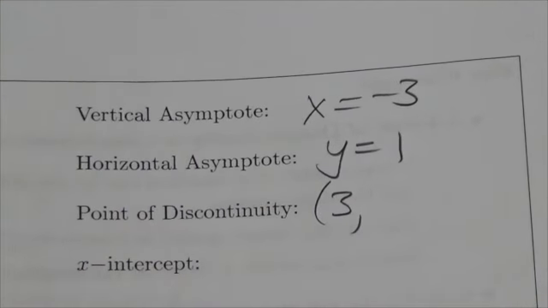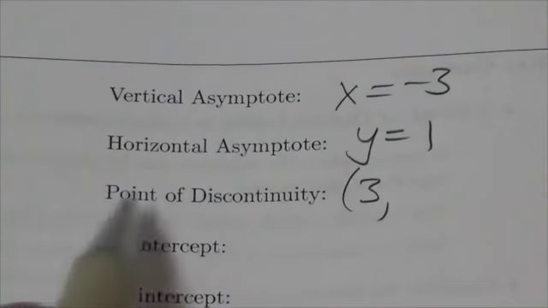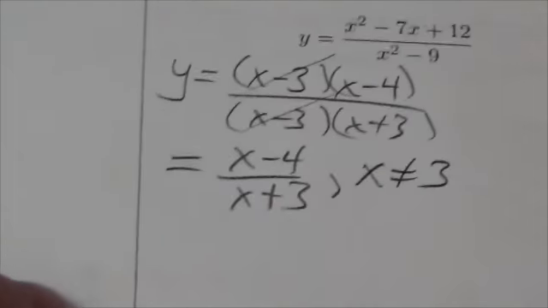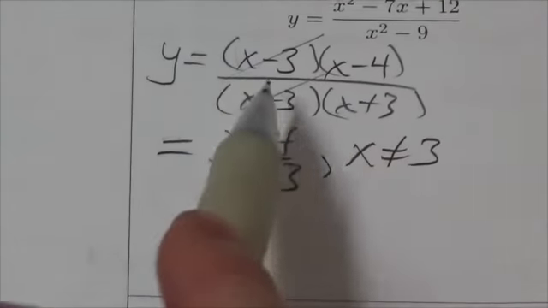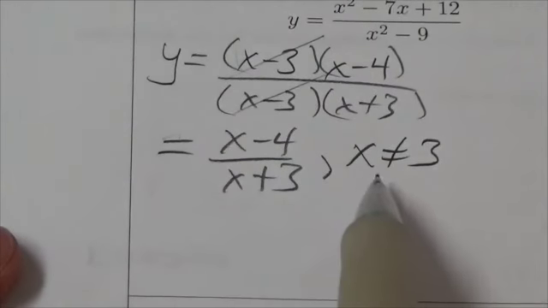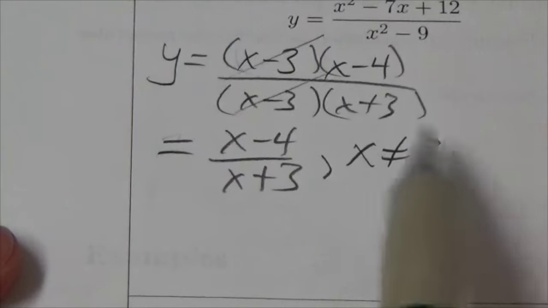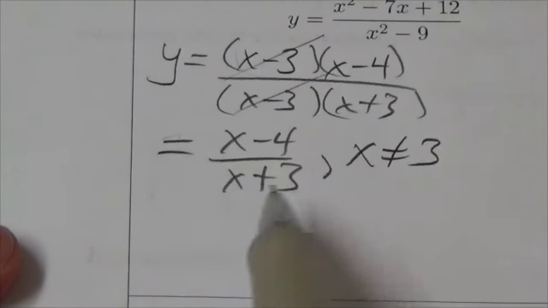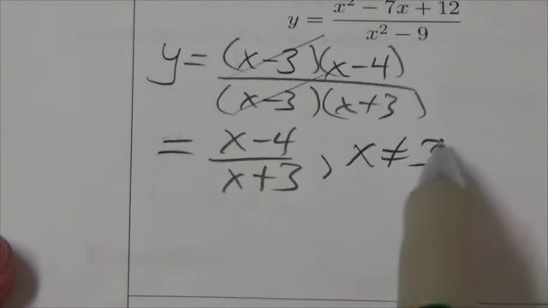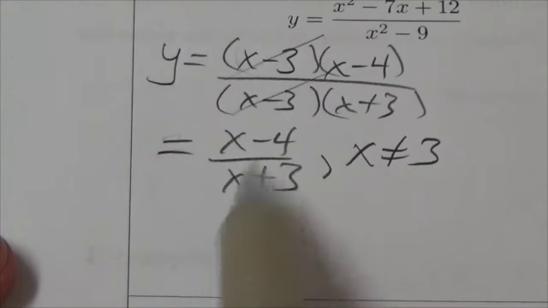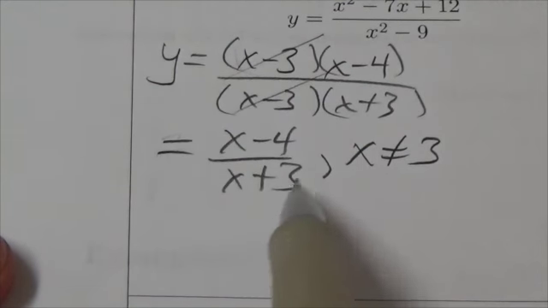Okay, next, I'm going to take a look at my point discontinuity. Remember, the original function is equivalent to this one and equal to it when you include that restriction. Well, that restriction is causing a little hole to form in this graph. And where does that occur? To figure that out, just plug that in. 3 minus 4 is negative 1. 3 plus 3 is 6.